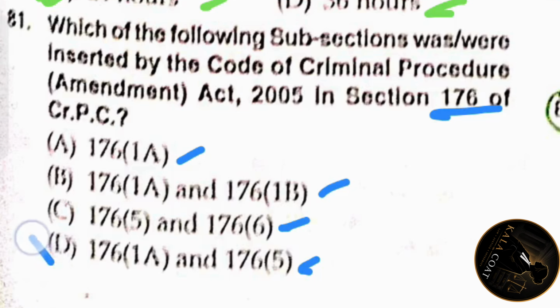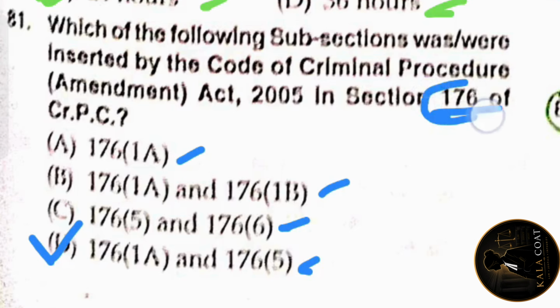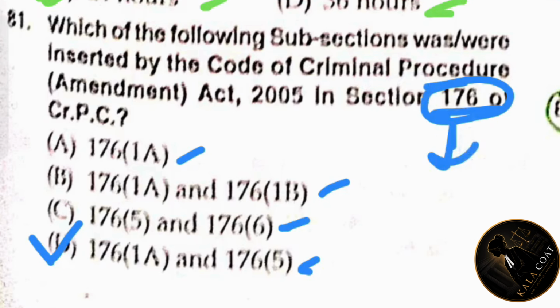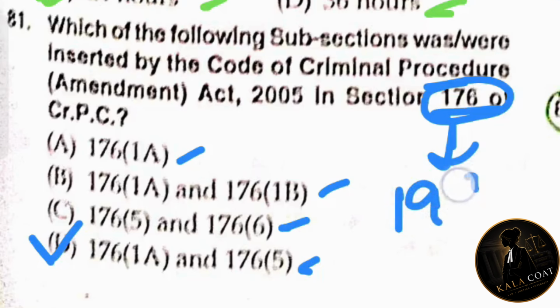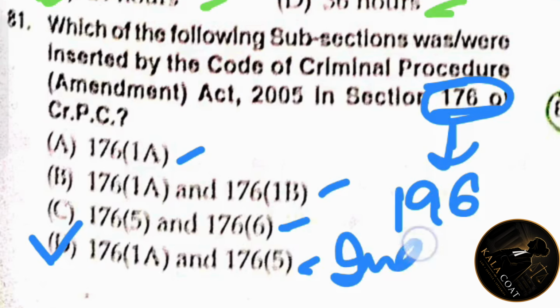Correct answer is option D. Section 176 subsection 1A and subsection 5. Section 176 of the CrPC is now Section 196 of the BNSS and it is related to inquest.